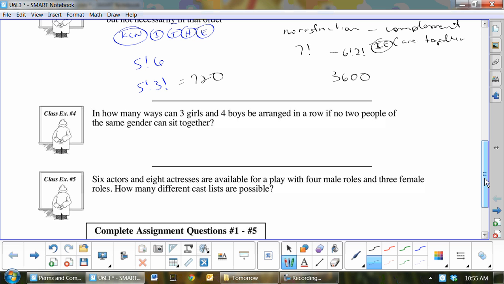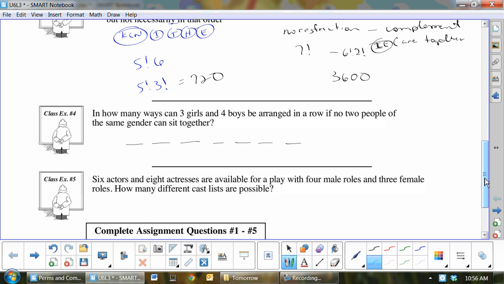If you're arranging them in a row, can we not make the row? There would be 1, 2, 3, 4, 5, 6, 7. Now, if you're ever in doubt for a perm, make sure you are doing this.